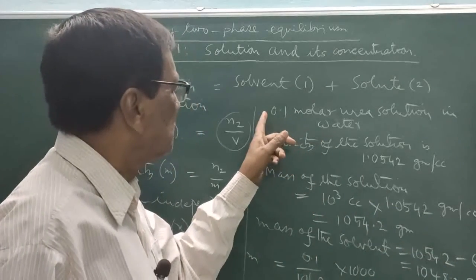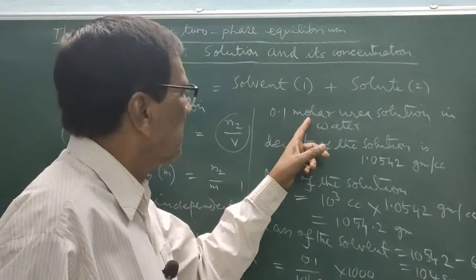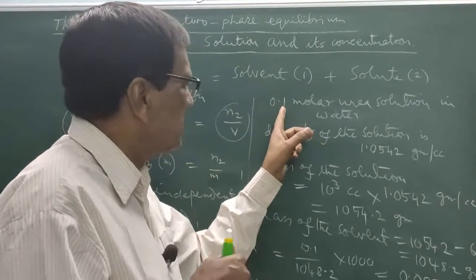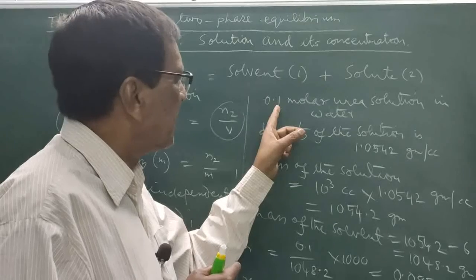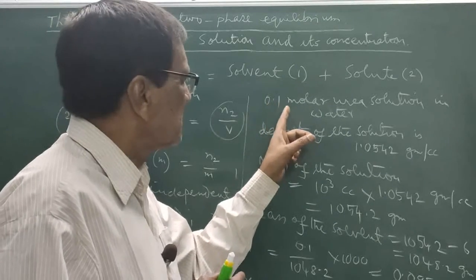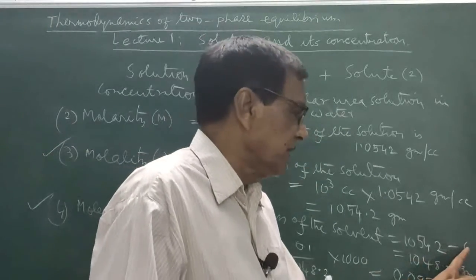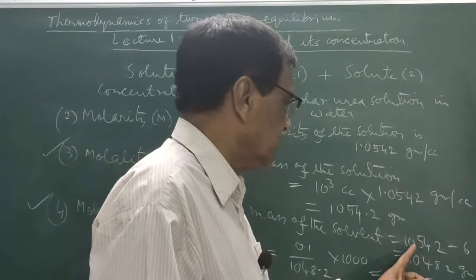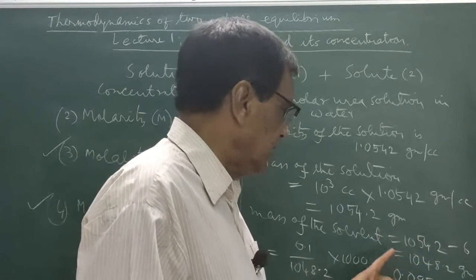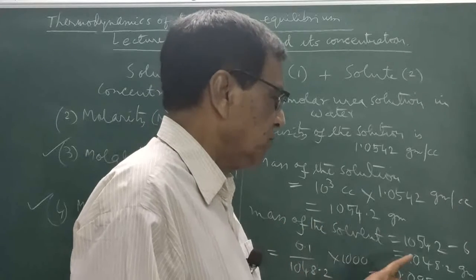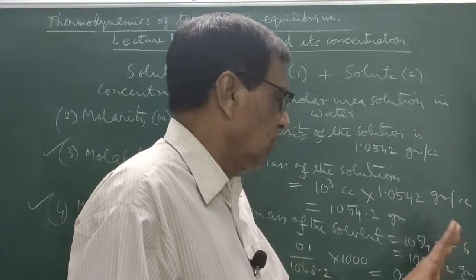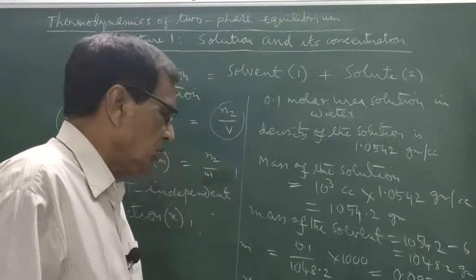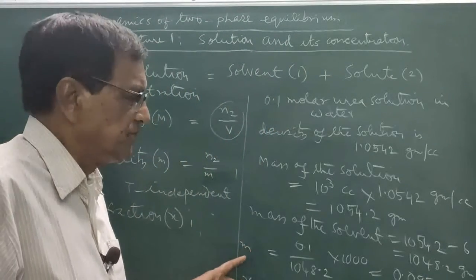The mass of the solute, 0.1 mole, means 0.1 into 60, where 60 is the molar mass of urea. So 6 gram is to be deducted from the total mass of the solution. So the mass of the solvent will be 1048.2 gram.